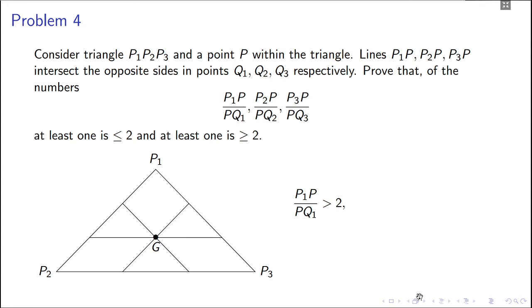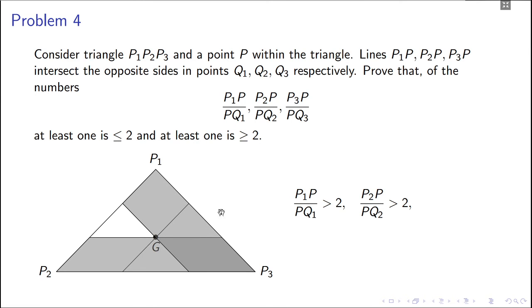If P2P by PQ2 is greater than 2, then P has to lie on this side of this line.